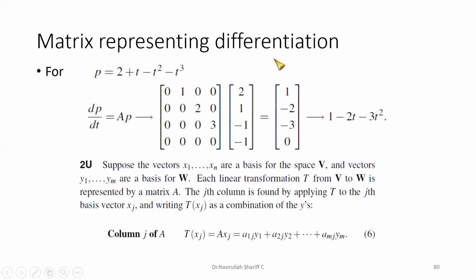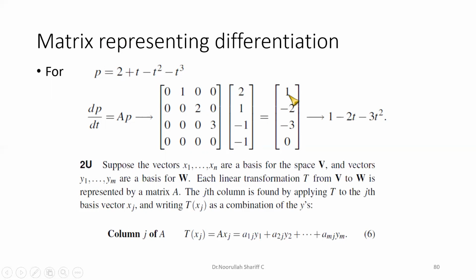So again, if we write that, we get here 2, 1, -1, and -1 for the input side, and the AP value, which is the differentiation of this, turns out to be just 1 minus 2t minus 3t square.